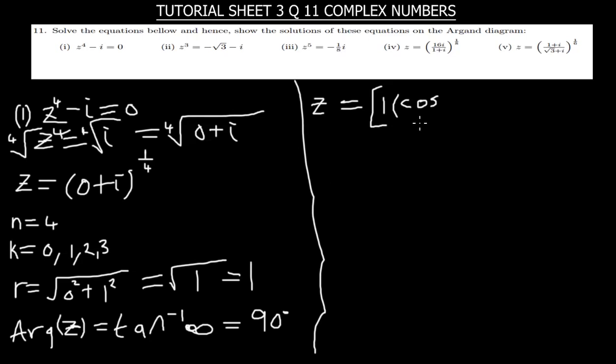before we write the complex number in polar form, we first have to check where this complex number lies. The complex number is 0, comma, in the real axis we are moving 0 units, meaning we are still on the origin, and then in the imaginary axis we are moving I units.